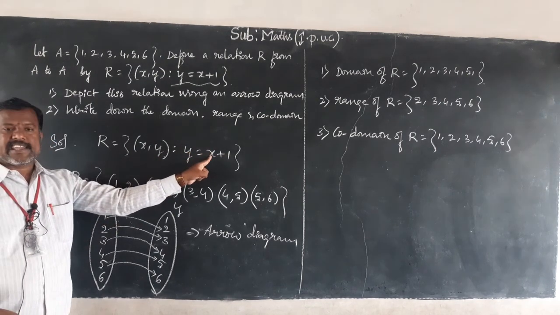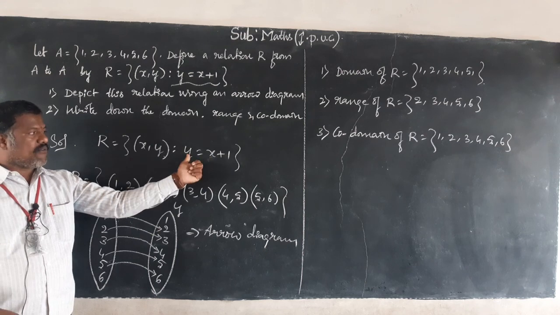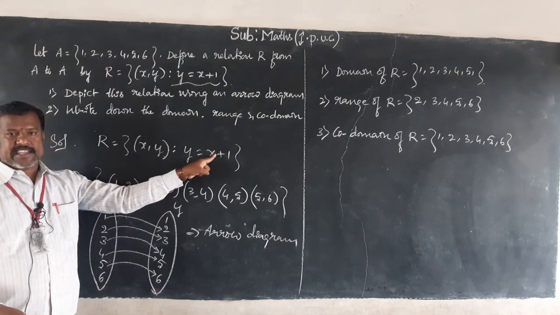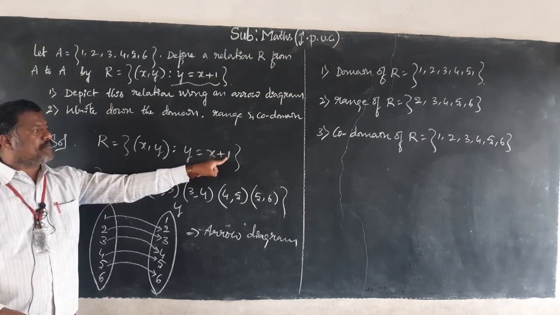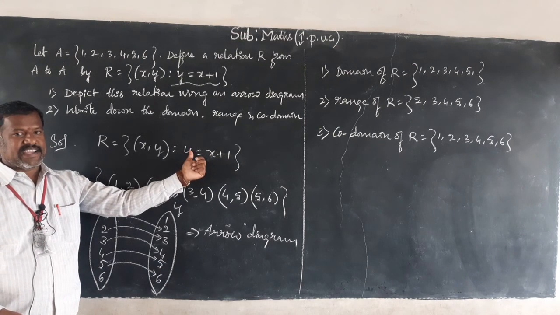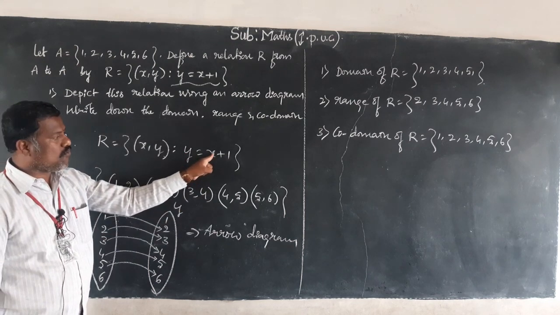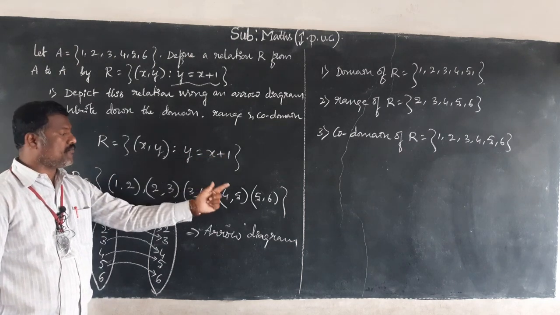And again if I take in place of x, that is 2, the value of y is 2 plus 1, that is 3. Again if I take in place of x, that is 3, 3 plus 1, the value of y is 4. Suppose if I take in place of x, that is 4, 4 plus 1, the value of y is 5.